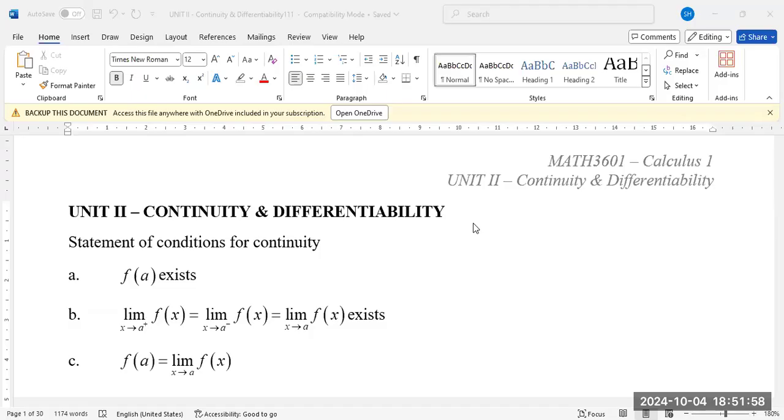Now, when does a function become continuous? I have some conditions here for continuity. If all three conditions don't hold true, it means the function is not continuous.